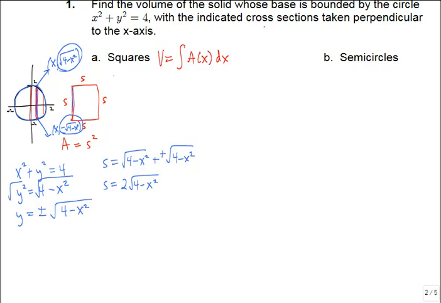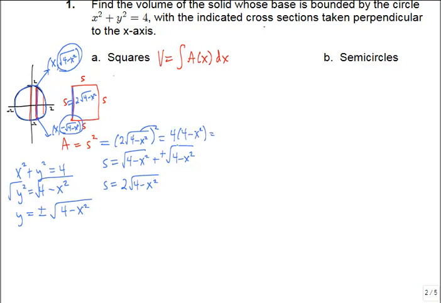So this side length right here is 2 square root of 4 minus x squared, which means this area function is going to be 2 square root of 4 minus x squared, squared, the side squared. And if you reduce that, 2 squared is 4, and the square and the square root cancel.